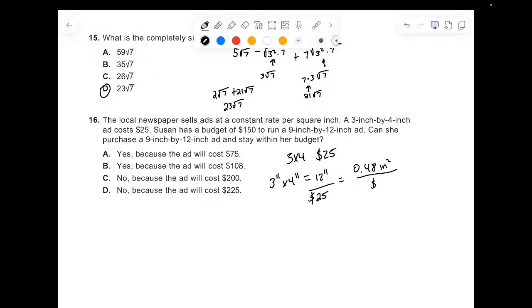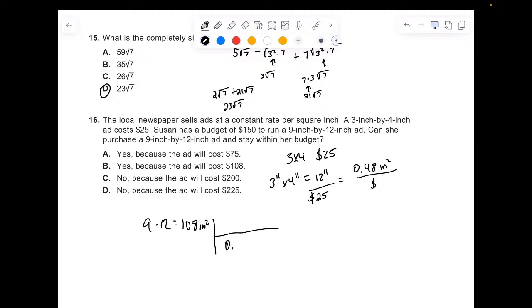Can she purchase a 9 by 12 inch ad? Okay. Well, 9 times 12 is going to be equal to 108 inches squared. We're going to use dimensional analysis, which is just a fancy thing for saying I just want my units to work.